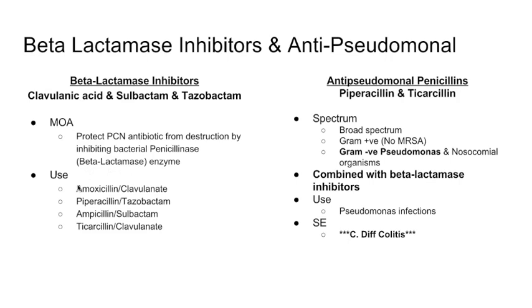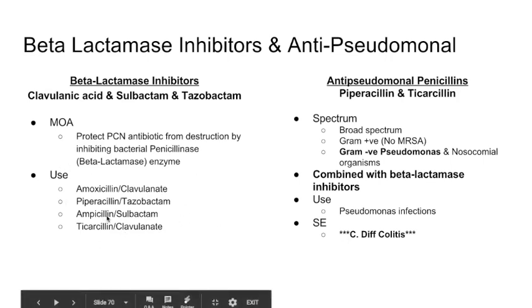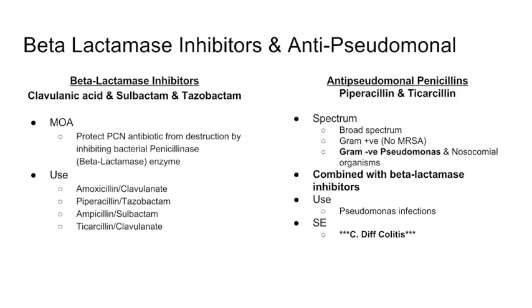So they have to be combined with the penicillin, which makes sense. So amoxicillin is combined with clavulanate, piperacillin is combined with tazobactam, ampicillin is combined with sulbactam, and ticarcillin is combined with clavulanate. And these are the combinations that you'll see in clinical practice or on your shelf or board exams. But the whole idea is that you're protecting the penicillin from being destroyed.